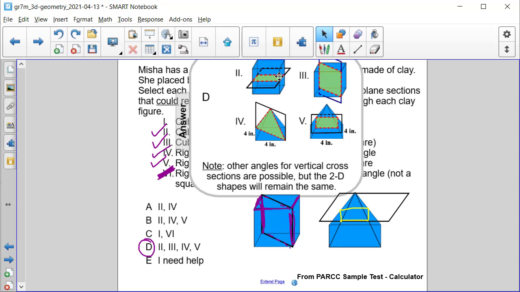So here you can clearly see that here's the square, here's the rectangle that I just tried to draw here, here's one triangle, but you can also go vertically side to side and still get a triangle, and then here's the plane that's intersecting the pyramid to form a square cross section. So again, the answer here is D.